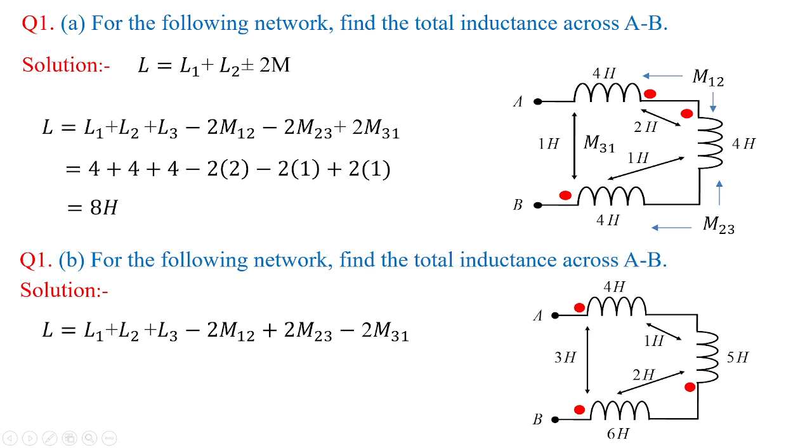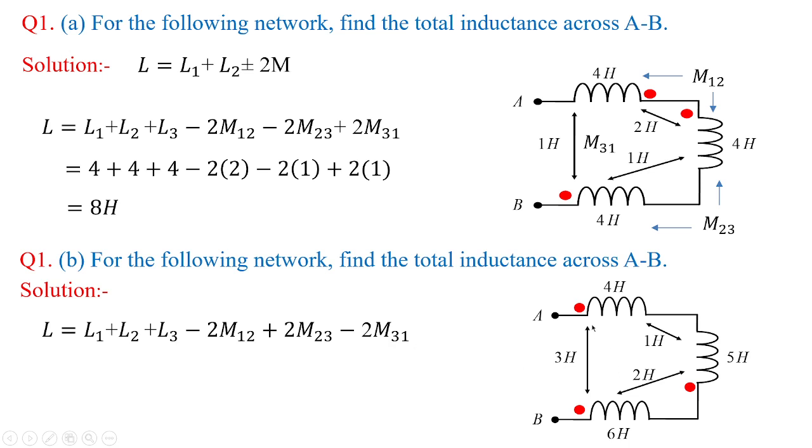And finally the coil 1 and coil 3. In coil 1 the self-inductance value is 4, in coil 3 the self-inductance value is 6, fine. And the mutual inductance which is found between these two, that is 3 henries, is obtained in opposite way, because here the current is assumed to flow from A to B. The entering current and the dot is same for coil 1, which is 4 henries, whereas in coil 3 the current is coming out of the coil.